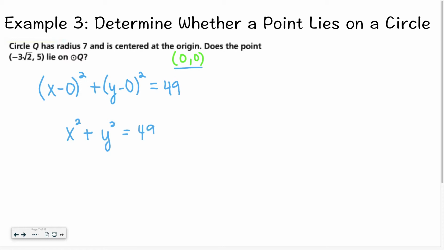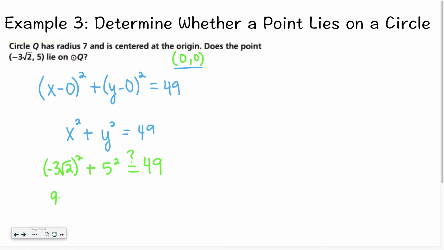So then, to test this, I'm going to say -3 square root of 2 squared plus 5 squared. Does that equal 49? If it does, it lies on the circle. If it does not, it does not lie on the circle. So -3 squared is 9.